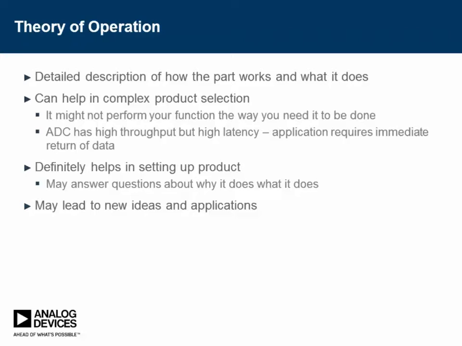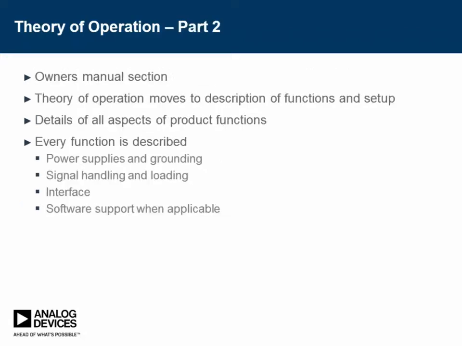Maybe you can't use that. And it certainly helps you in setting up the product. Sometimes you can look at the theory of how it is designed or how it works, and you go, oh, I could do this with this thing, and make this kind of a system work, and it can give you some good ideas. So this is, again, the owner's manual section.